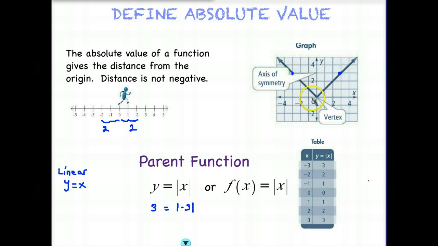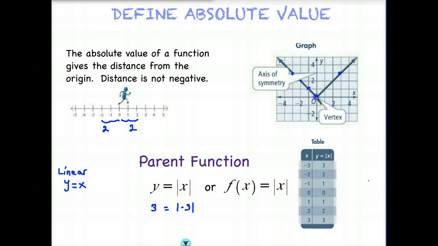And this is if we translate the absolute value equation so that it is here at the vertex. Okay, so if we go down our table, if I plug in a -2, I'm going to get a +2. If I plug in a -1, I'm going to get a +1. Obviously, 0 will give us 0. +1 will still equal +1. +2 equals +2, and +3 equals +3. By plotting these points, this is where I come up with a V. Okay, so the -3, 3 is here, -2, +2 is here, -1, +1 is here.